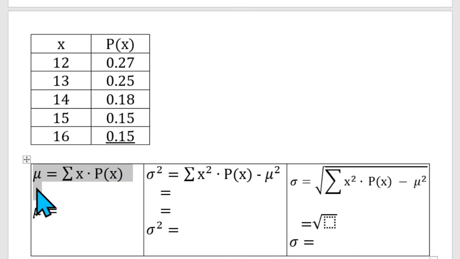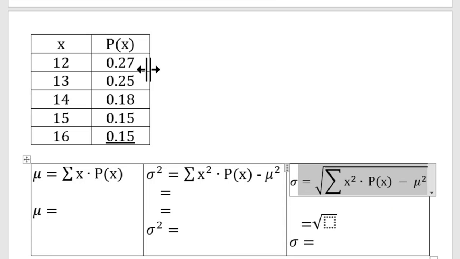Mean is denoted by mu, and it is determined by finding the summation of the products of the possible value and its corresponding probability, while the variance is denoted by lowercase sigma squared, which equals the difference between the sum of the products of the squares of the possible value and its corresponding probability and the square of the mean, while the standard deviation is simply the square root of the variance.